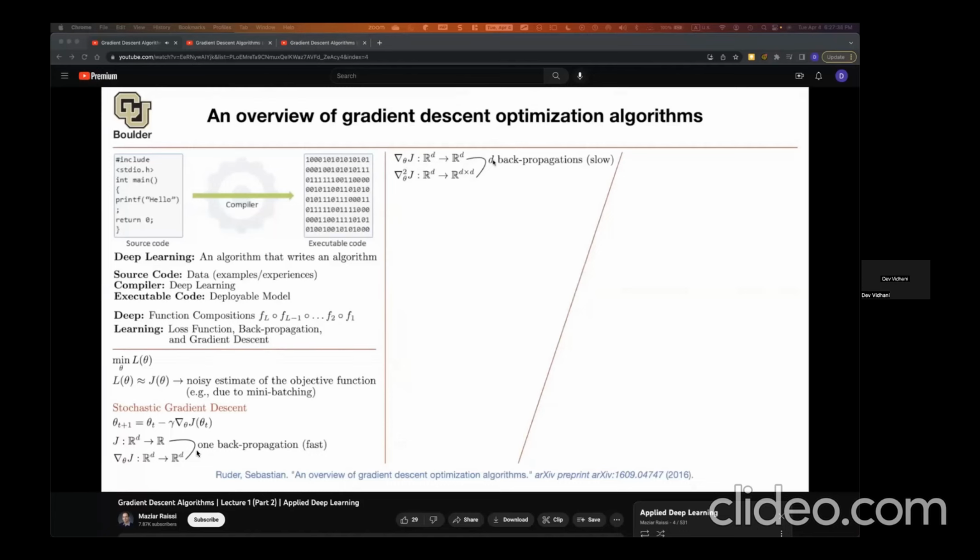That's why second order derivatives and second order algorithms are out of the picture when you do deep learning, when you do training. So we have to live with first order derivatives, only gradients, no more Hessians.